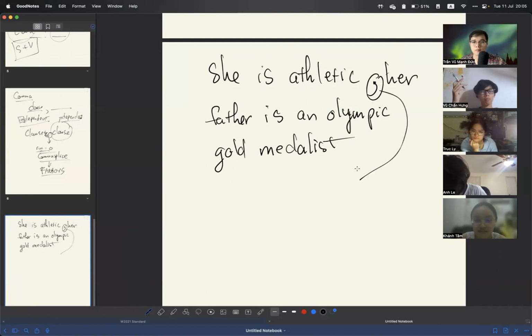There are two ways I've just mentioned. Firstly is to use fanboys. How can you use it? I would add an "and" to. Yeah, exactly. You can do an "and", or you can switch the phrases into: her father is an Olympic gold medalist, so she's athletic.